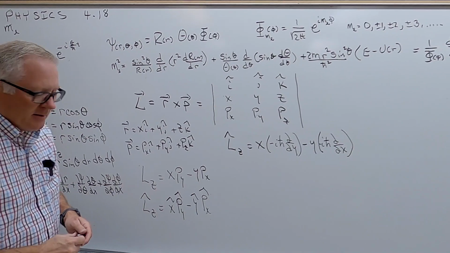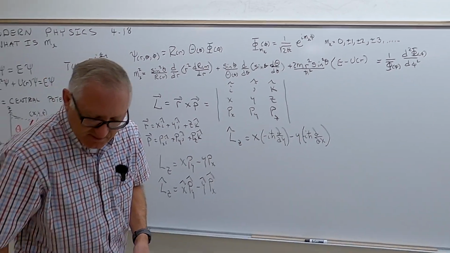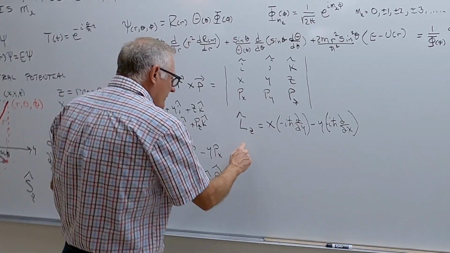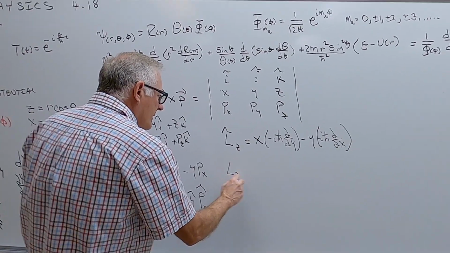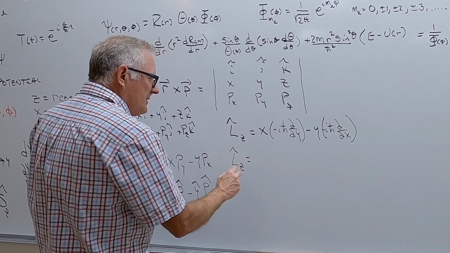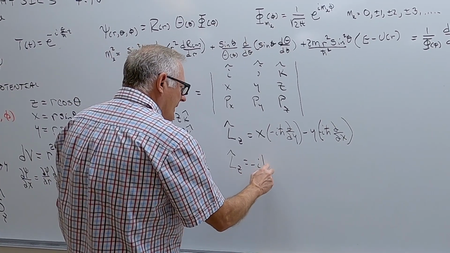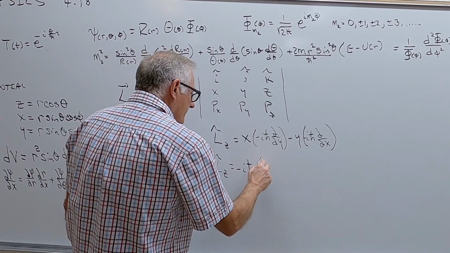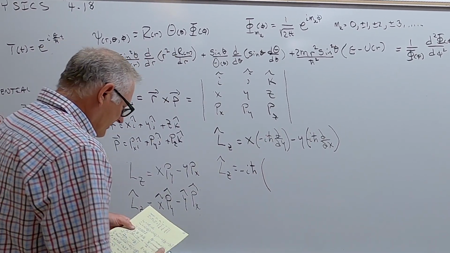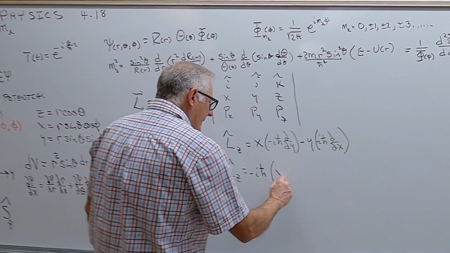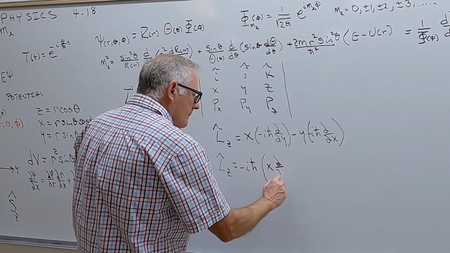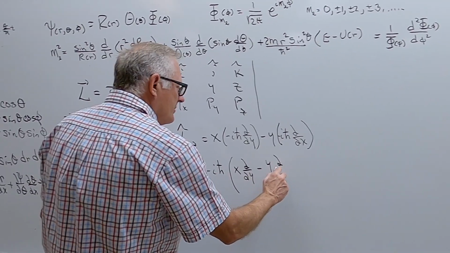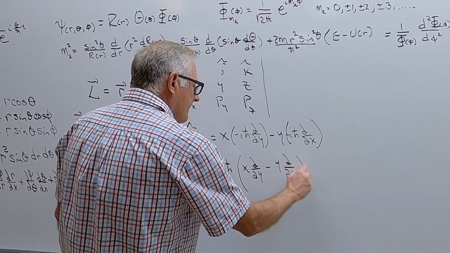Okay, and so now I can pull out the minus i h bar. So the L_z operator is just minus i h bar times (x partial with respect to y minus y partial with respect to x).